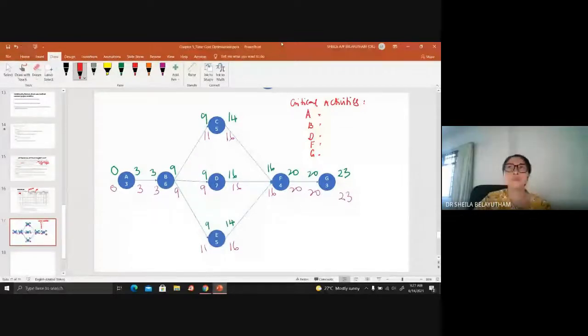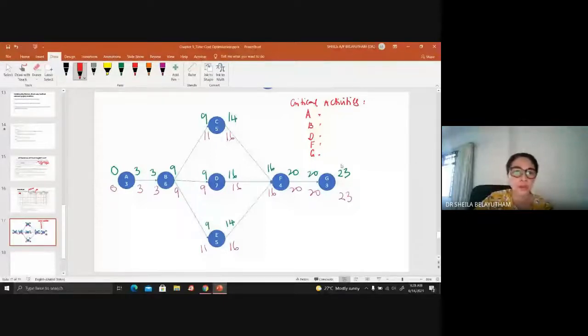It is the longest, but basically what we are trying to do is crash the duration here, correct? In order for you to reduce the final duration, the critical activities are the ones that you can actually reduce. At this moment, for example, your client is unhappy with 23.